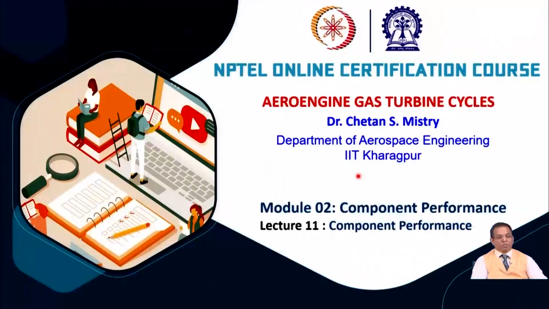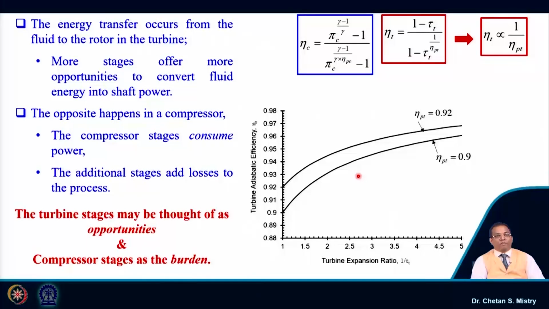So, this is the end of today's discussion. Let us see what we have discussed. We started discussing our axial flow turbine, which we use for our aero engine, and we have seen we have different spool configurations, HP spool and LP spool.